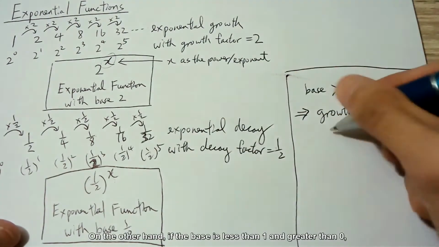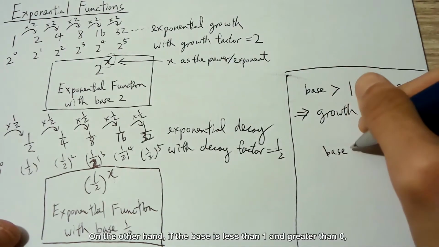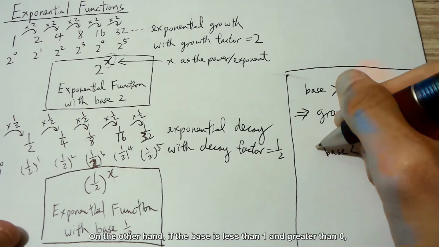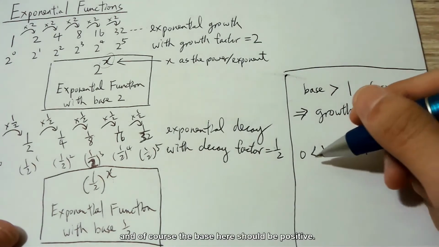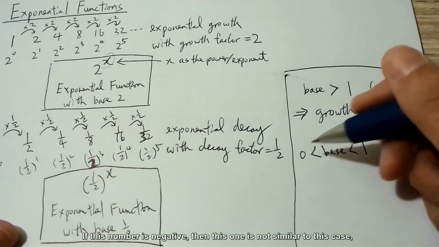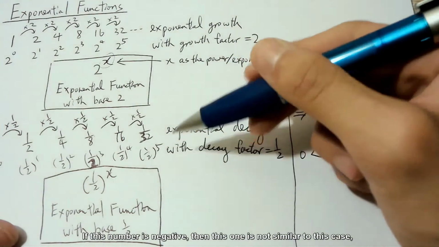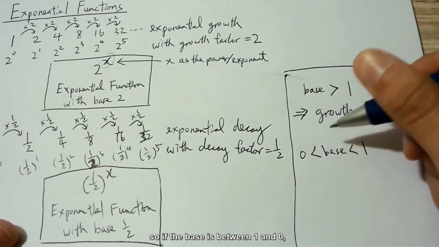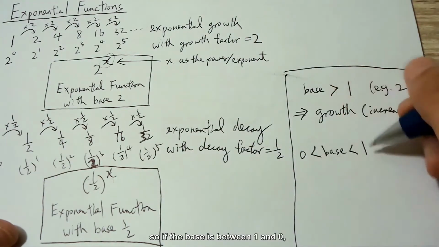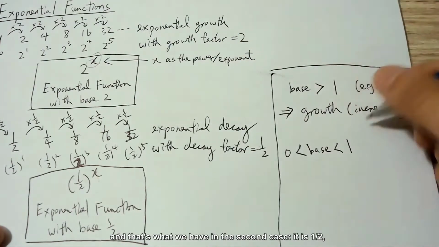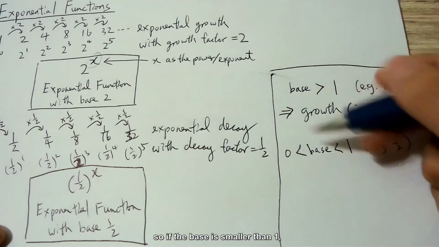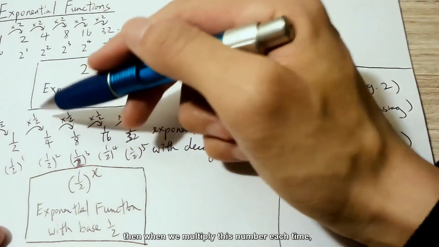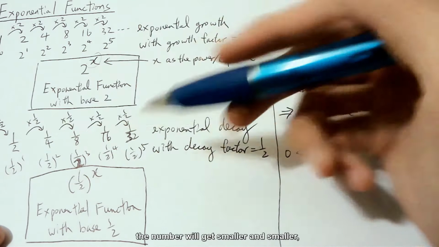On the other hand, if the base is less than 1 and greater than 0, and of course, the base here should be positive. If this number is negative, then this one is not similar to this case. So if the base is between 1 and 0, and that's what we have in the second case, it is half. So if the base is smaller than 1, then when we multiply this number each time, the number will get smaller and smaller.